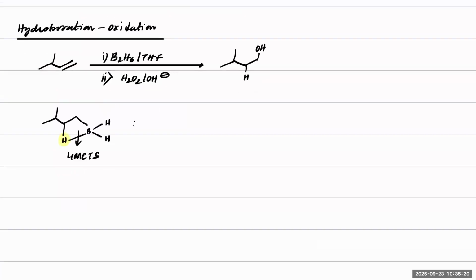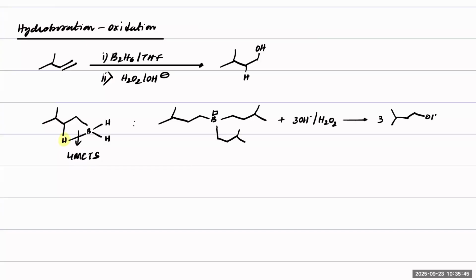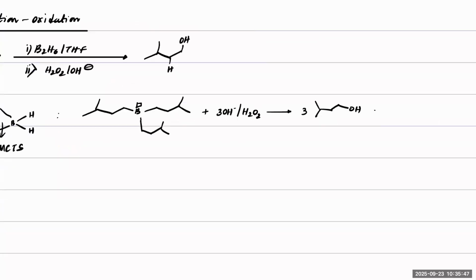Okay, so if you have something like a trialkyl group like this, if boron is connected here like this and boron is connected like this, correct? This is trialkyl boron, and this with 3 moles of OH minus in the presence of H2O2 will lead to formation of 3 moles of alcohols, and BO3 3 minus.